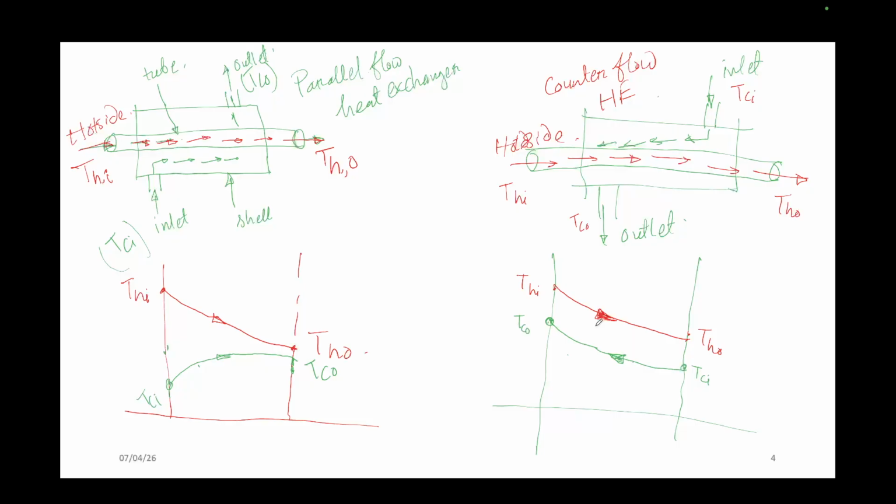Now tell me one thing. Can THI and TCI be equal? I am saying in these cases, on the left hand side, that is for the parallel flow heat exchanger, THI and TCI can both be equal.